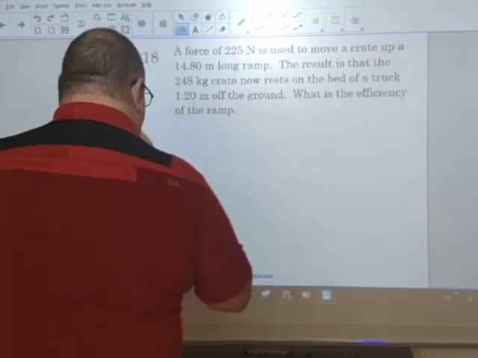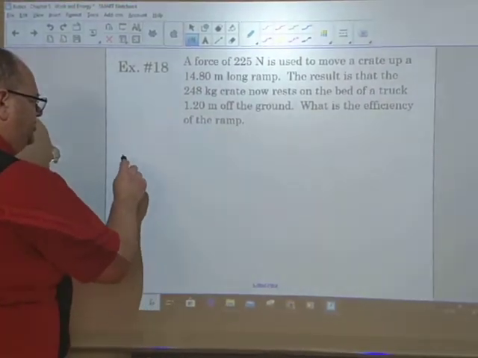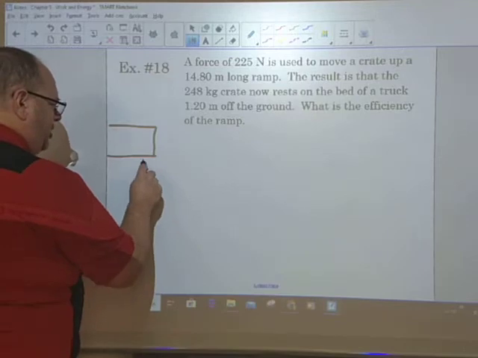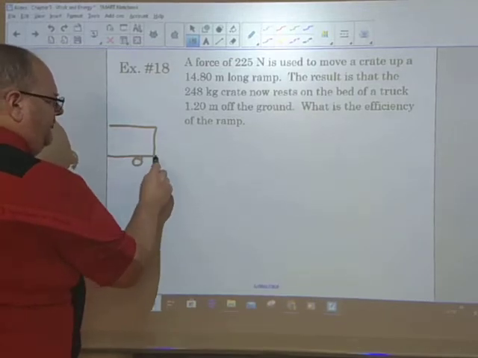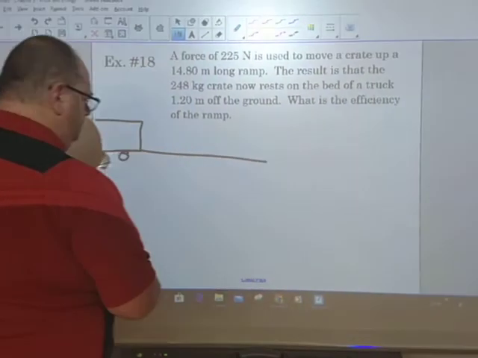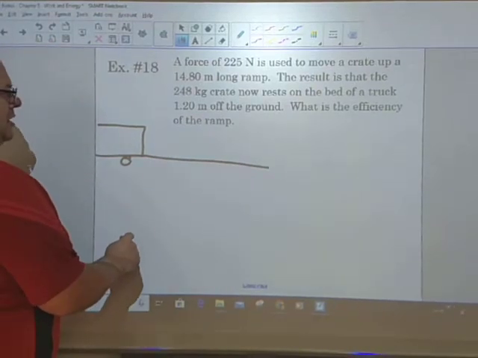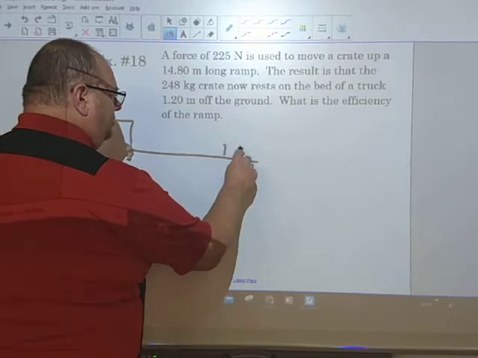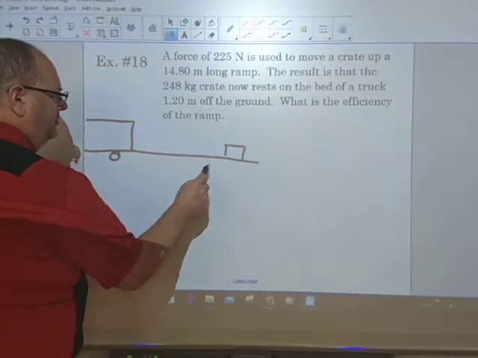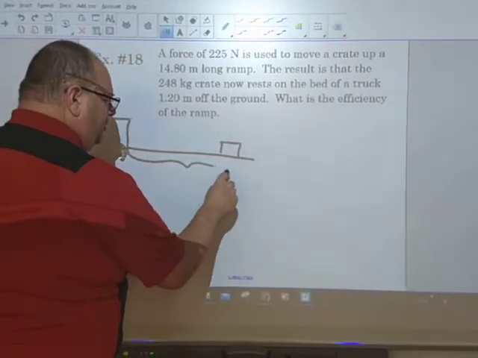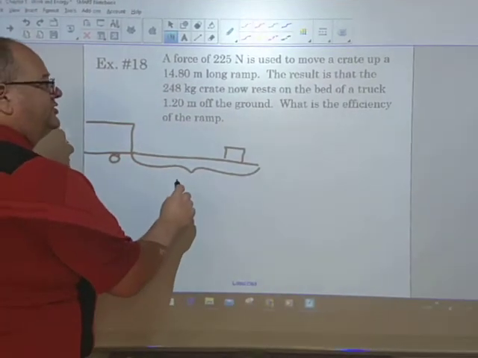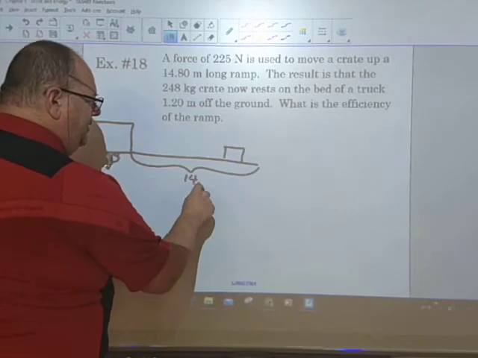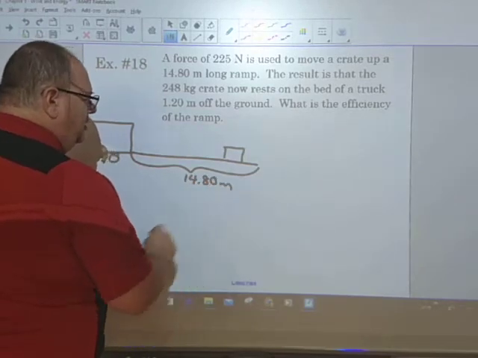I think this one's worth a little sketch. So let's say here's the back of our truck, and we've got a big long ramp. We're going to take this crate and move it along the ramp, which is 14.80 meters long.